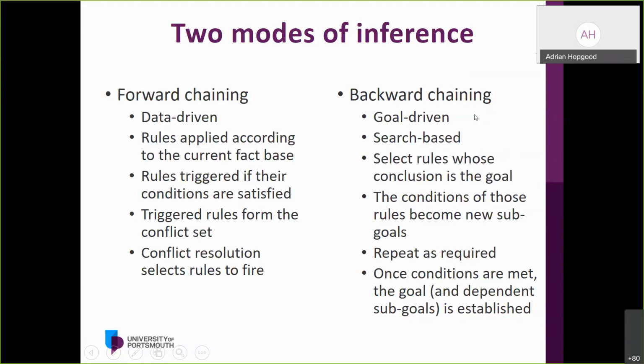Backward chaining is somewhat different. With backward chaining, you have a specific goal in mind, which in the current climate might be, for instance, to diagnose whether a patient is suffering from COVID-19. So you might seek information in your knowledge base, which will tell you whether that patient is running a temperature, whether they live with other people, and if they do, whether any of those other people are showing symptoms.